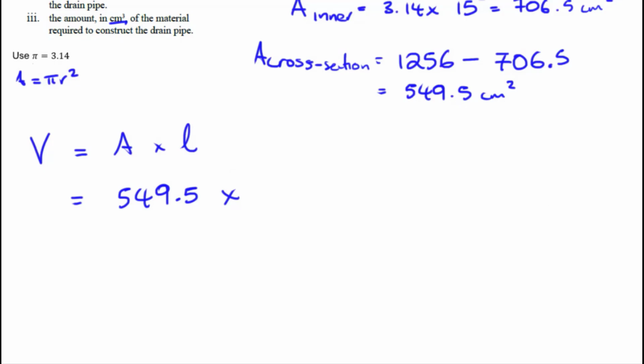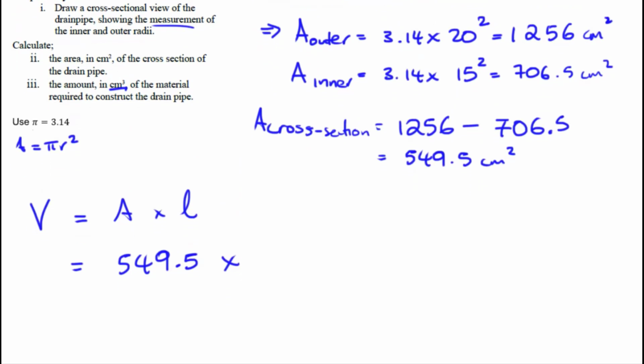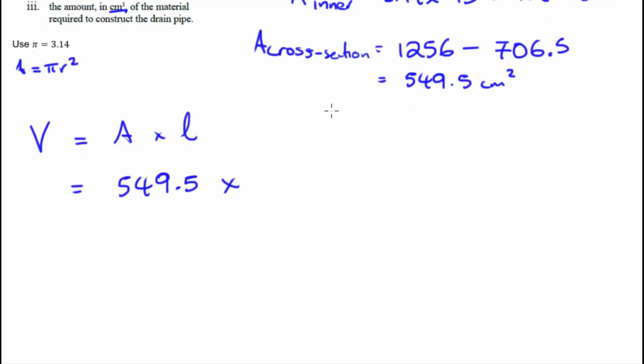So now I need to convert my length. Remember earlier we said that the length is 1 meter long. So I need to change 1 meter to centimeters. We know that 1 meter is 100 centimeters. So that's going to be 549.5 times 100. When I'm multiplying by 100, it's like moving the decimal point 2 places forward.